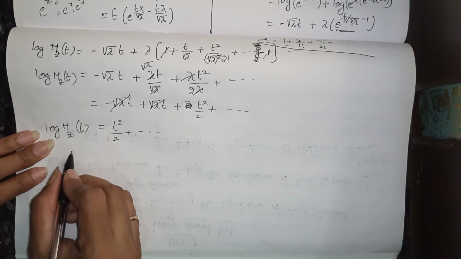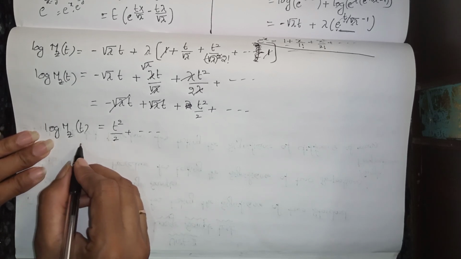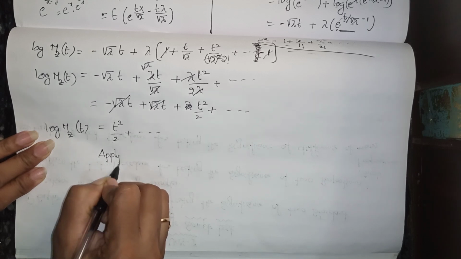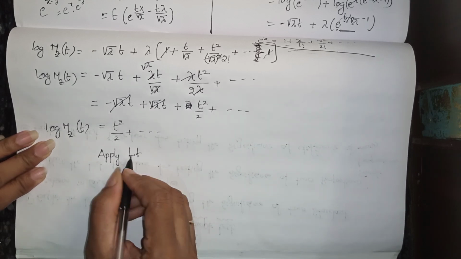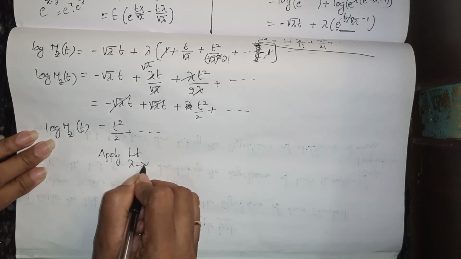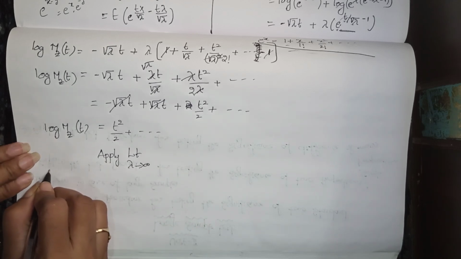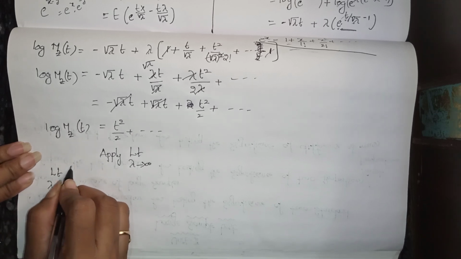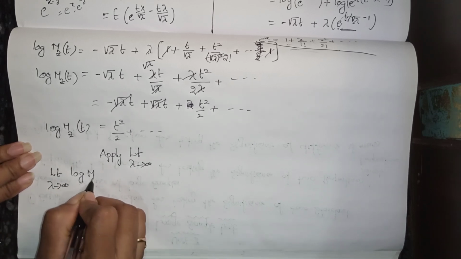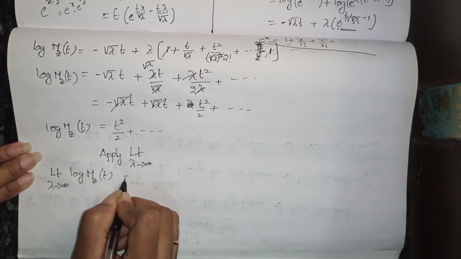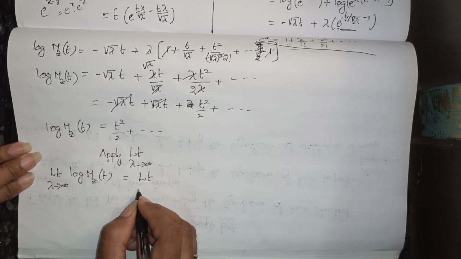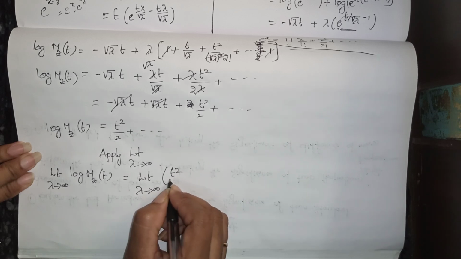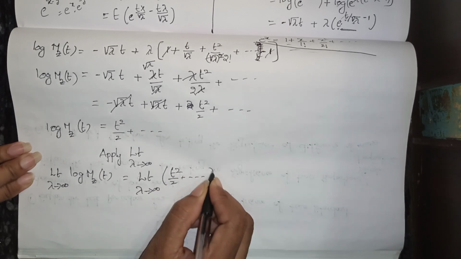Now we have to apply the limit as lambda tends to infinity. So limit lambda tends to infinity of log mz of t equals limit lambda tends to infinity of t squared by 2 plus and so on.